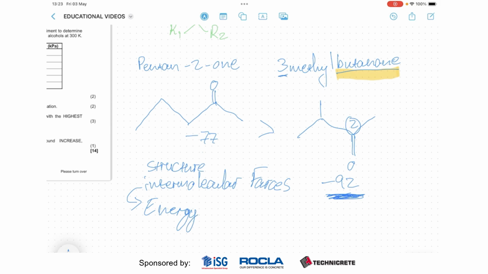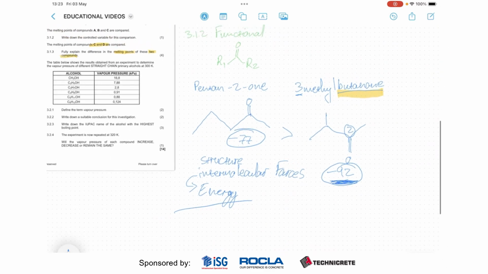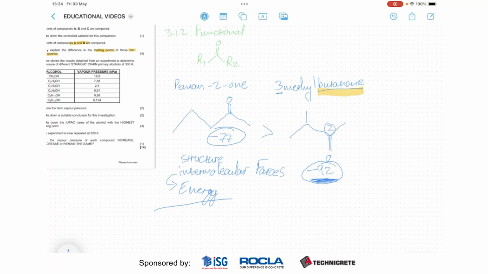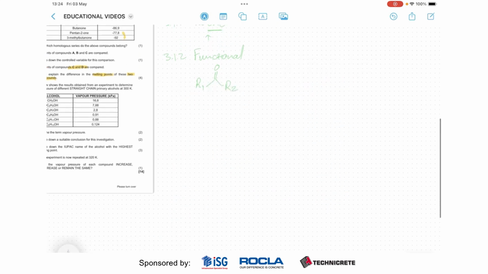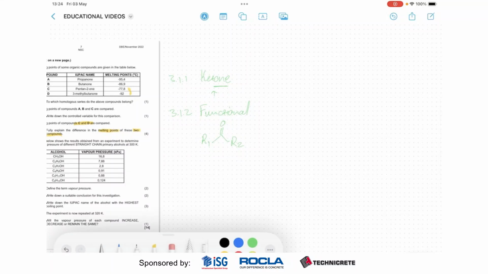And when you relate it to energy, you can then explain the difference in temperatures observed. That's how you would answer this question. You have to structure your answer in a methodical way. It helps to draw things out so that you can see the differences, but of course, in the actual test, you don't have to do that. You just write your answers out, be clear.